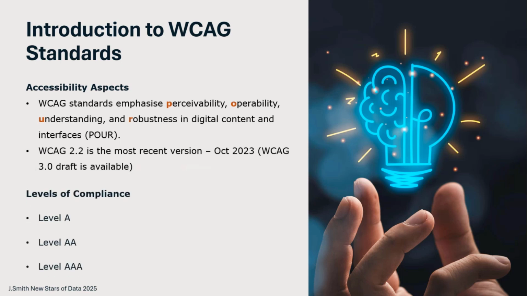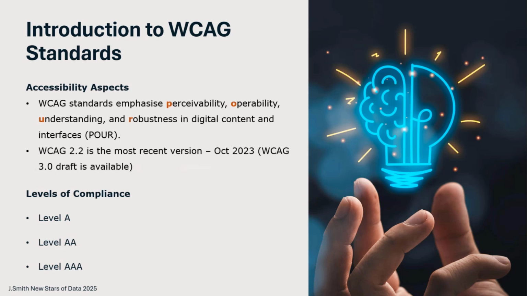WCAG outlines 3 distinct levels of compliance. There is level A, AA, and AAA. And these levels represent different degrees of accessibility that digital content should meet. Level A addresses the most basic accessibility features, and it's suitable for some, but not all users. Level AA addresses the most common barriers for users, and it aims to make content accessible for a wider range of people.